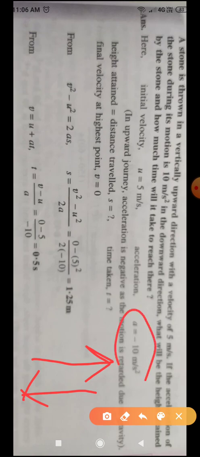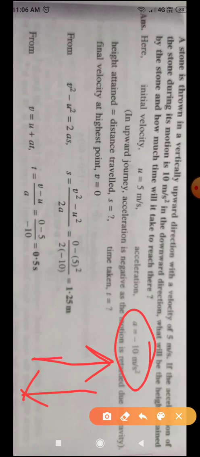Now the question arises, why minus? Acceleration is given as 10 meter per second square, but here they have mentioned minus 10 meter per second square. A body is moving in the upside direction, but gravity is pulling the body in the opposite direction. When such a scenario is taking place, we consider acceleration as minus.